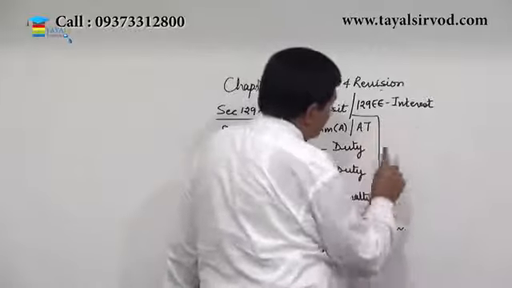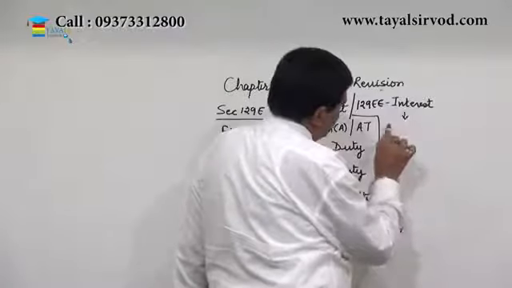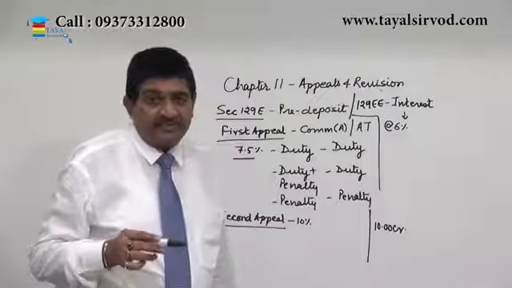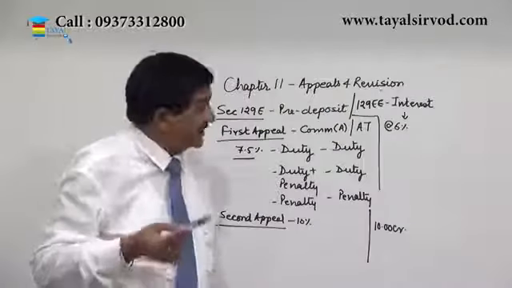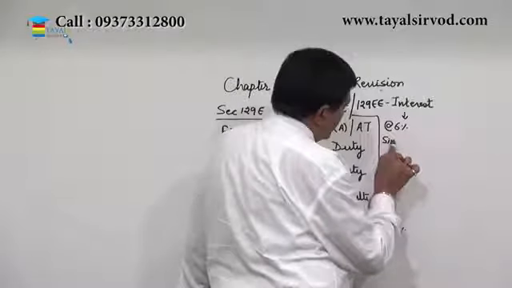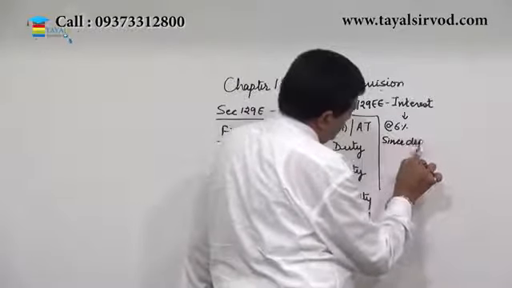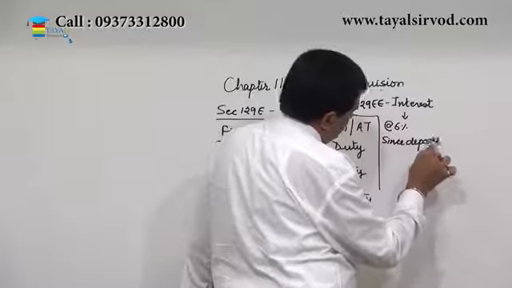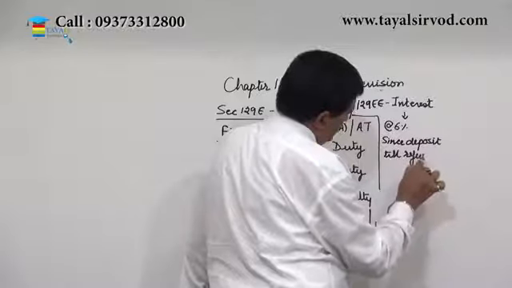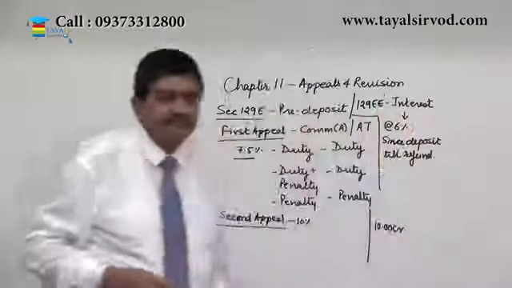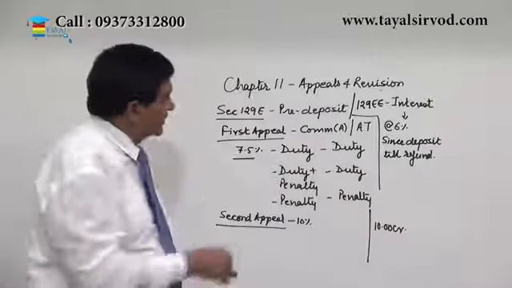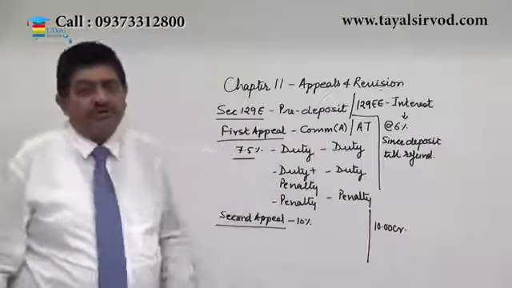Right. So on this side we can say at the rate of 6%. The section says any rate between 5% to 36% as may be prescribed, but the current rate is 6%, and this is payable for the period since deposit till refund. Now in this entire thing you will find that the pre-deposit does not talk about the interest amount.